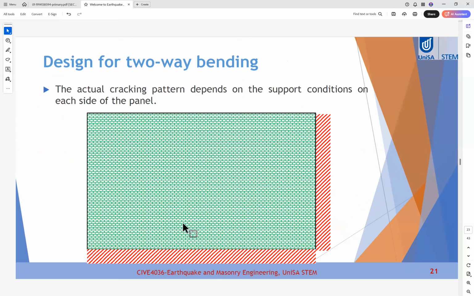The third one is two-way bending. For the first two types of behavior, we have one-way vertical and one-way horizontal. So the third one will be two-way bending. For two-way bending, the actual cracking pattern depends on the support condition on each side of the wall panel.